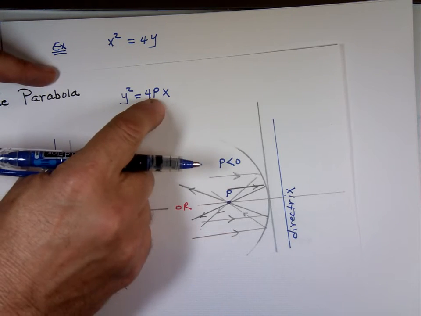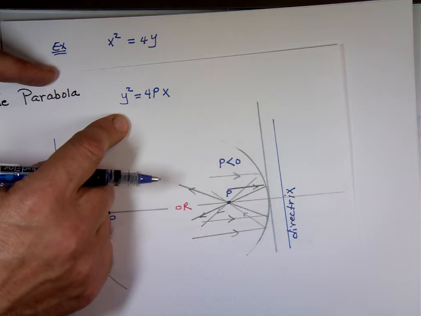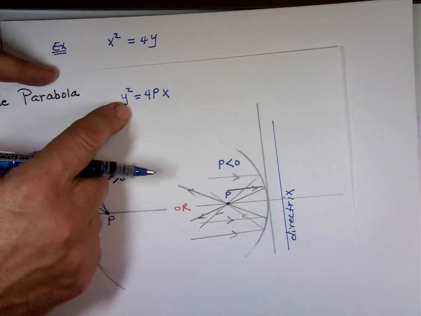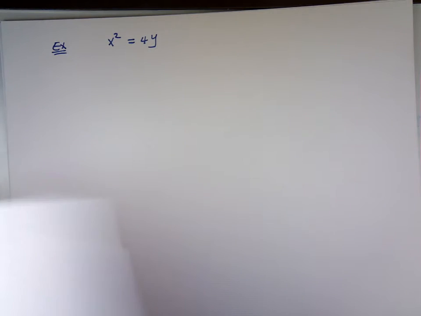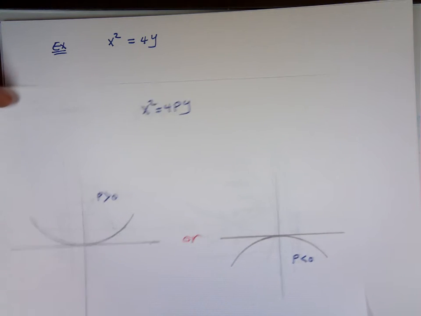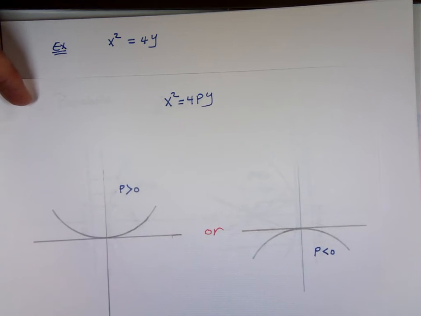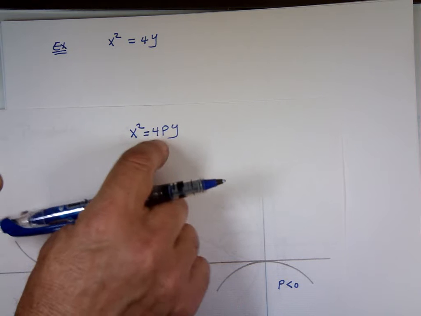Does that look like y squared equals 4px? Does it match this one? No. Because x is a square, not y, so it's not this format. Could it be this format? So the graph is either going to be up or down. So when you compare the two equations, I'll go, you know what? That number here must equal 4p.